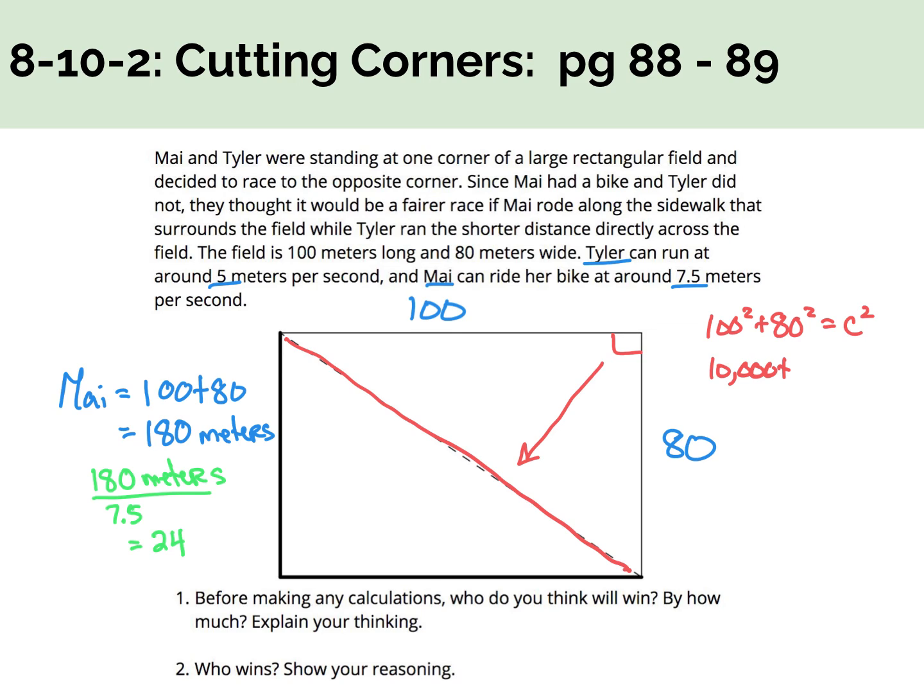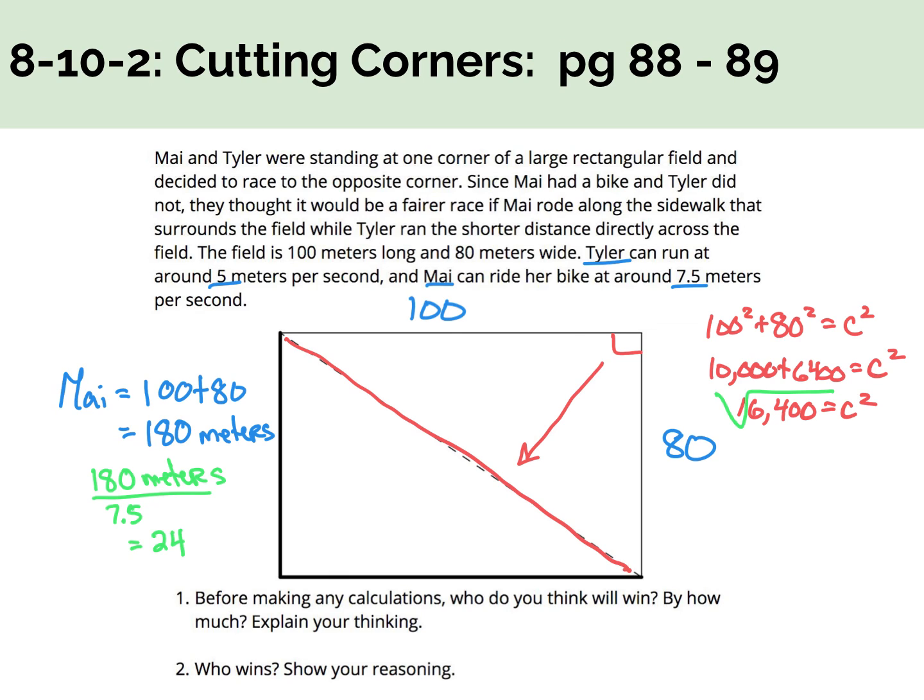Let's have 80 squared, 6,400. Add it together, and we're going to have 16,400 equals c squared. So remember, to get c by itself, we need to take the square root.